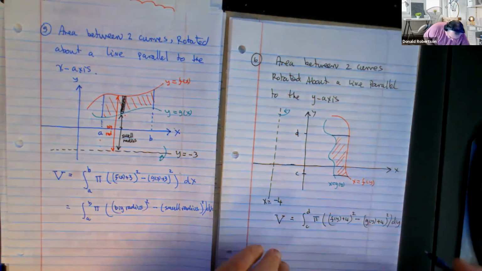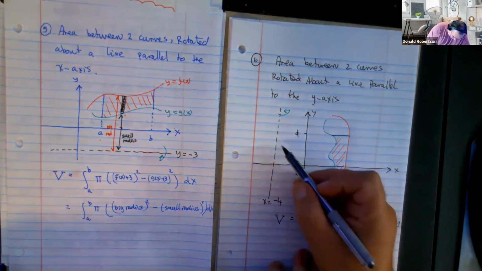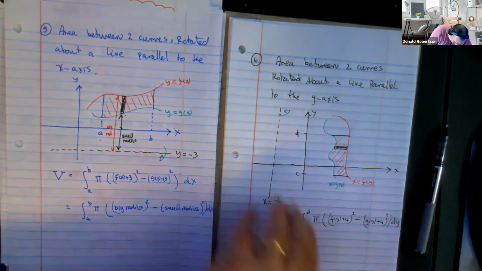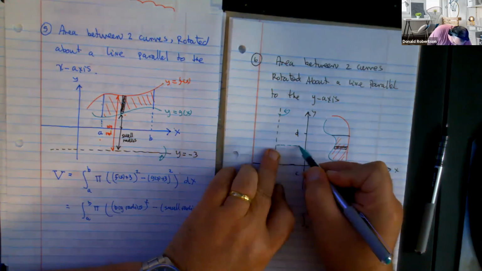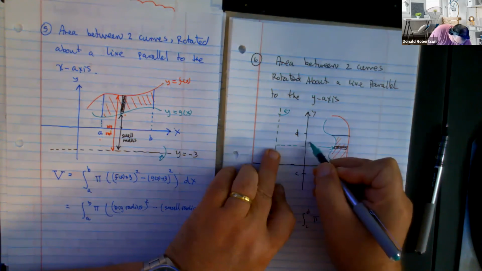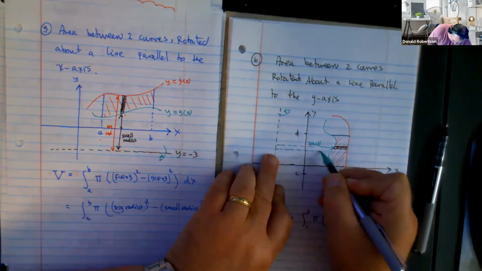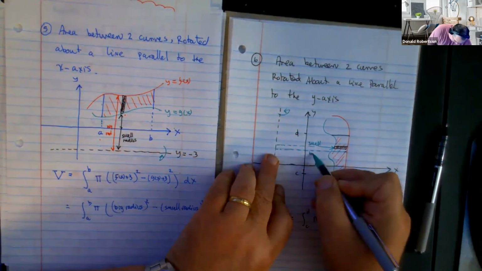Now, if you want to think about what that radius looks like, if you do one of these little rectangles, isn't the distance from the axis of rotation to the first one the small radius? And the distance from the axis of rotation to here, that would be the big radius.